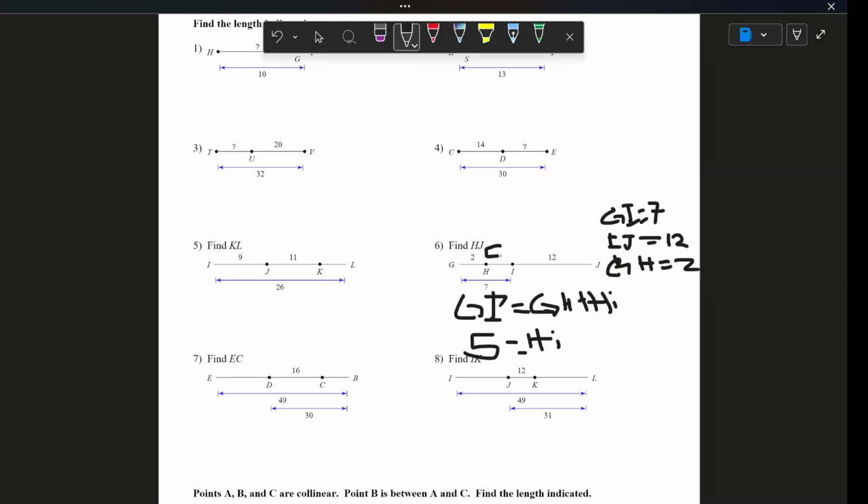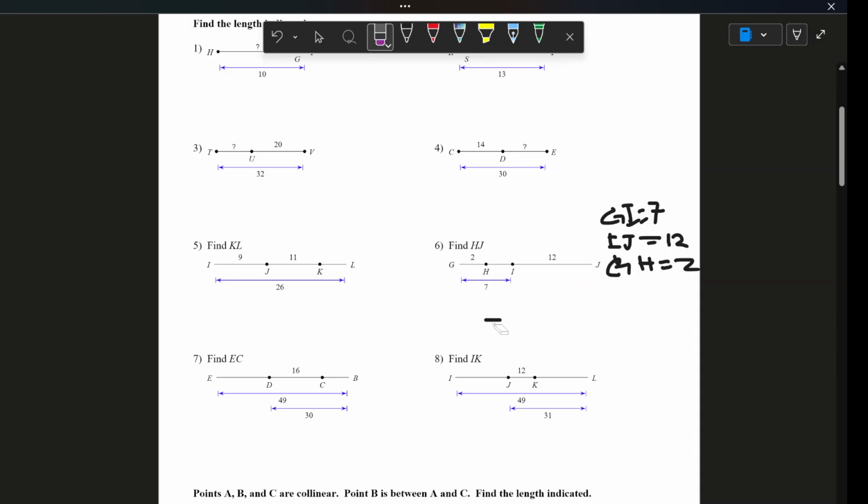So 5 is the length of here, and if we want to know the length between H and J, and we know IJ, all we have to do is add them up now. Let me just erase all this. So we know 5 to be over here. We want HJ, so HJ equals HI plus IJ.